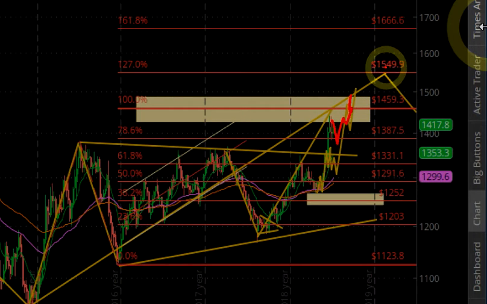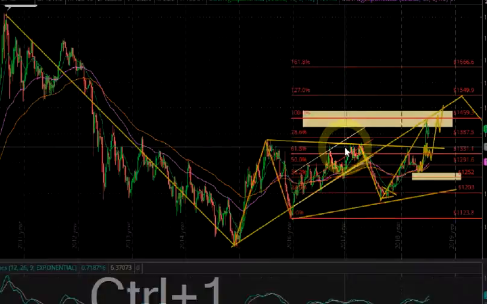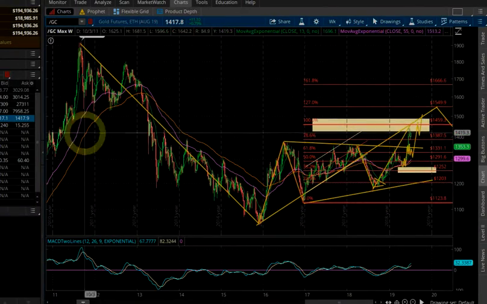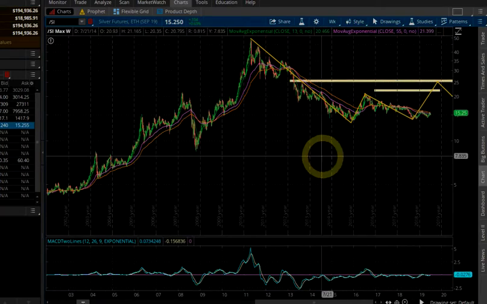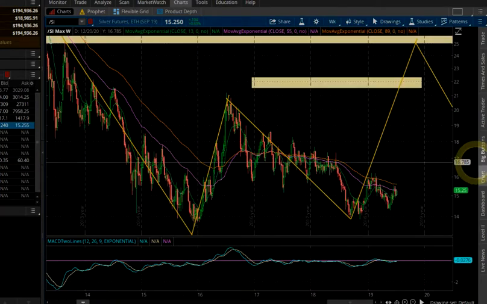It could go as high as this 1450 area. But gold still has room to run, and I think it's certainly tradable here up into that 1500 area. Silver, I think, is probably going to pop too.